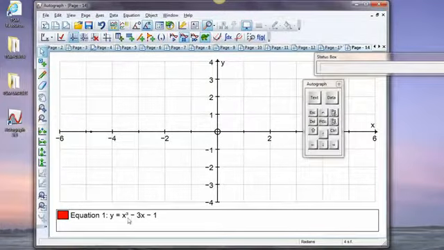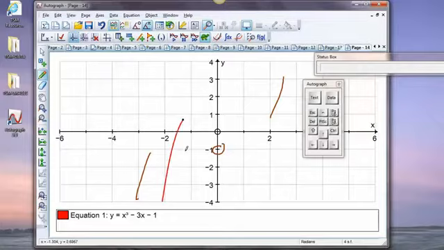So what sort of a graph is this? x cubed goes like that, and minus 3x is like that, so it's going to pull it up here, pull it down here, and then the minus 1 means it definitely goes through here, and we know that it's this way up and this way up, so it's something like that. But that's the sort of thought process that's really useful to go through before something draws.